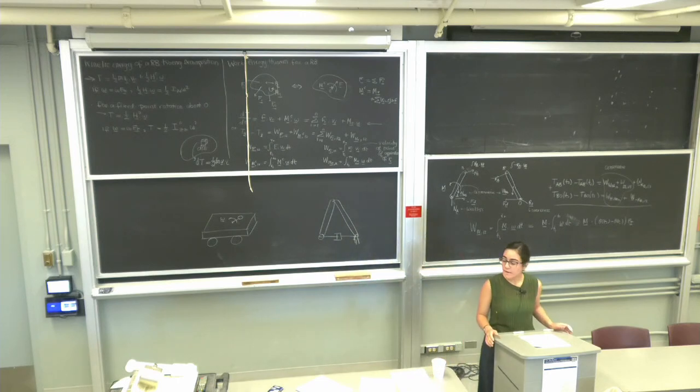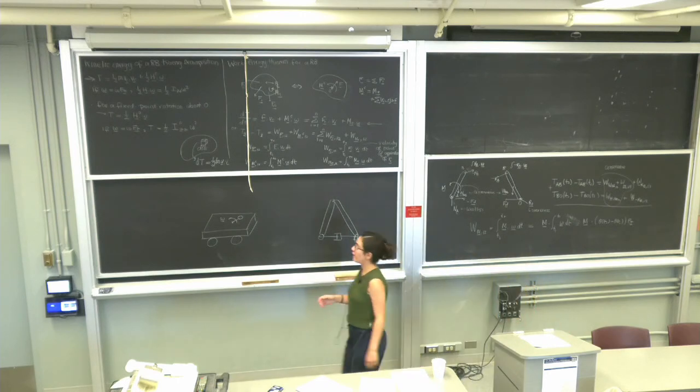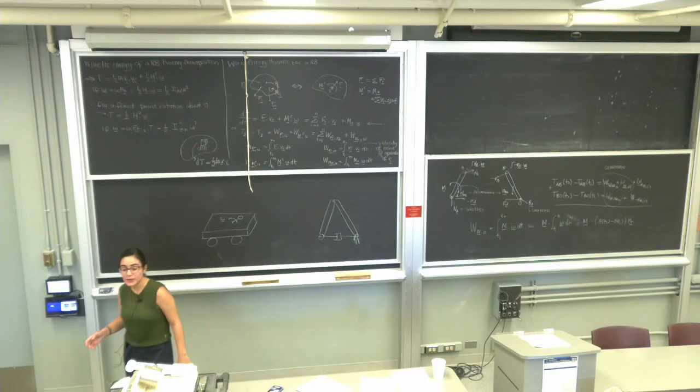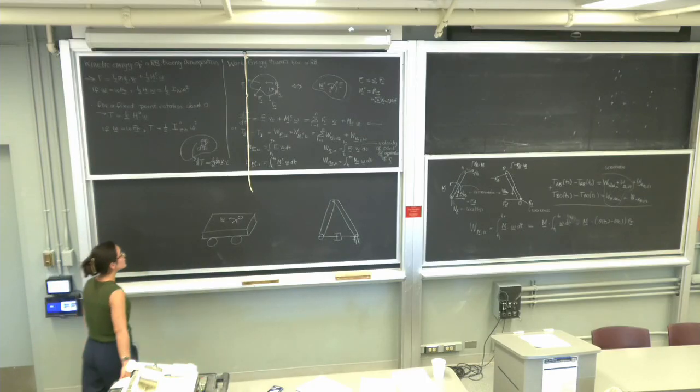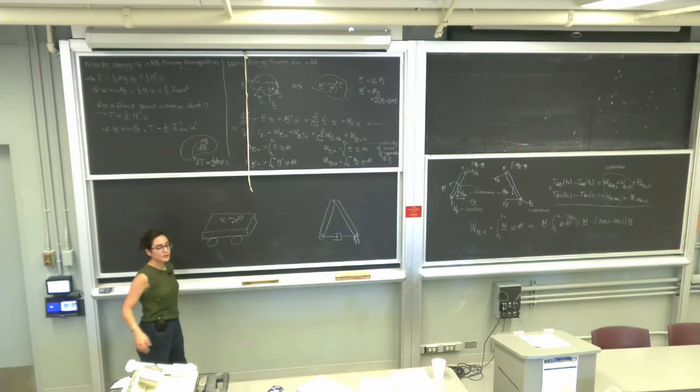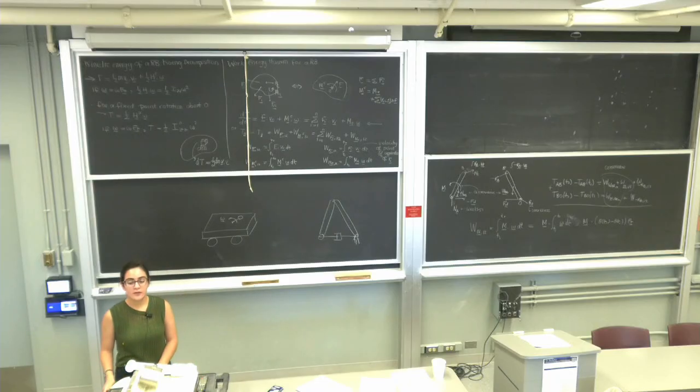For the cart, there's a motor, right? Yes. There's a motor here in the cart that's turning the pendulum. Is it providing like constant torque? I don't remember in the problem if the torque was constant, or if omega was constant.